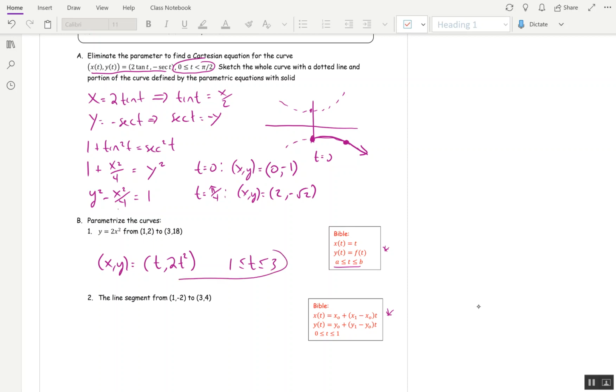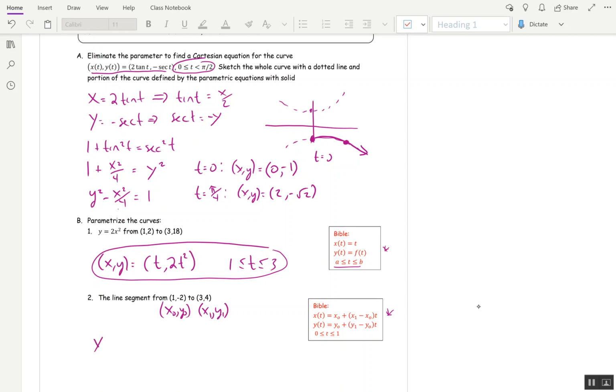So that's that one. For the next one, we have a line segment. So if we use the Bible for line segments, this is my x naught, y naught. This is my x1, y1. I'll write this as two separate formulas rather than one formula with parentheses.